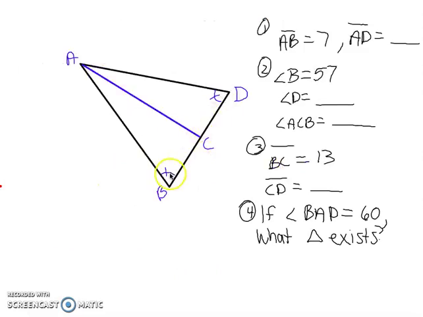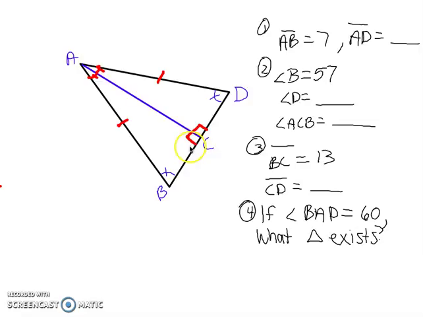So since the base angles are congruent, I know the legs are congruent. This segment right here is an angle bisector, which also means a perpendicular bisector. So we can mark that on there as well. So it's a perpendicular bisector to the base.